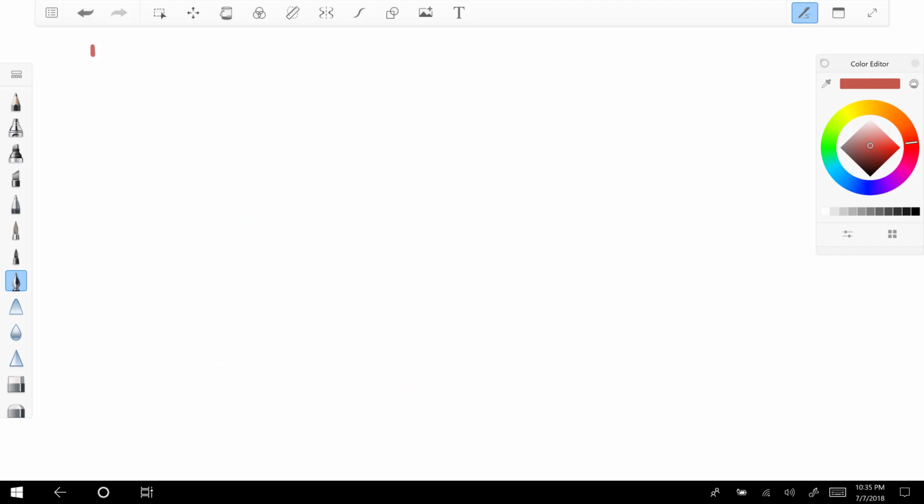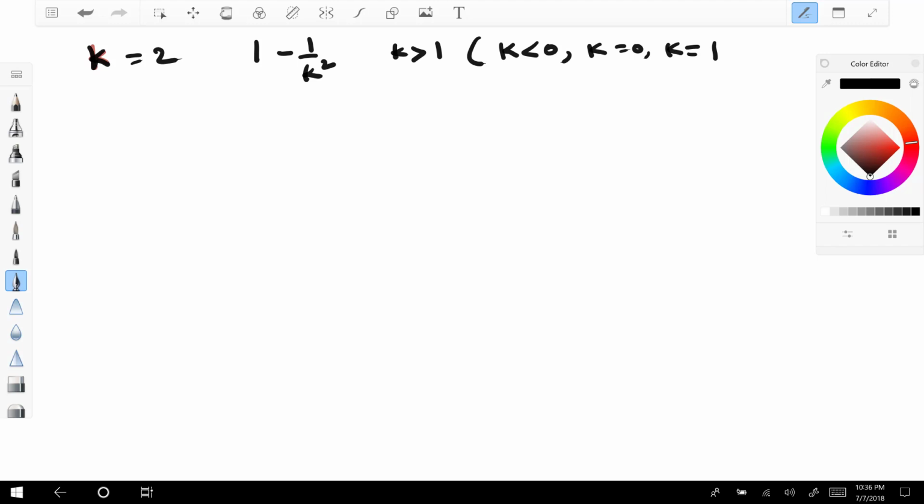So let's consider k is equal to 2. So the formula is 1 minus 1 by k square, and k should be greater than 1. So k cannot be less than 0, or k cannot be 0, or k cannot be 1. So you cannot put all these values.